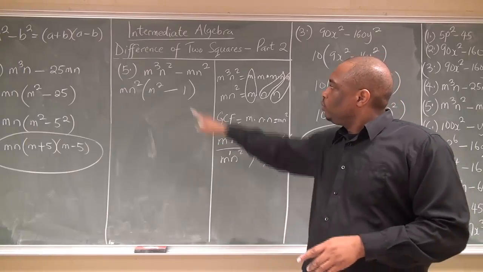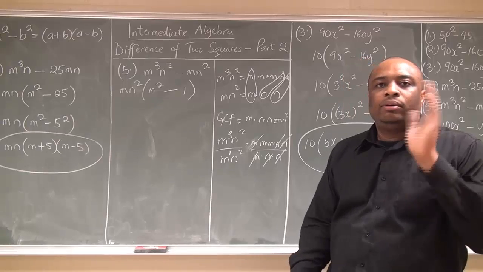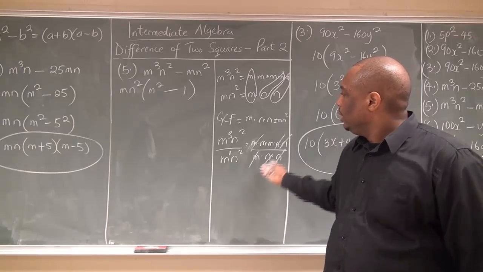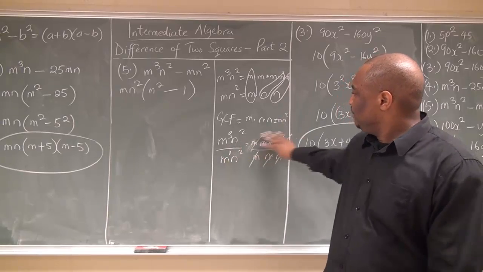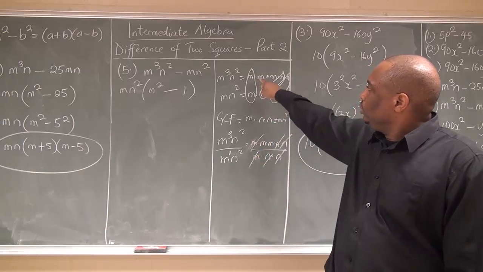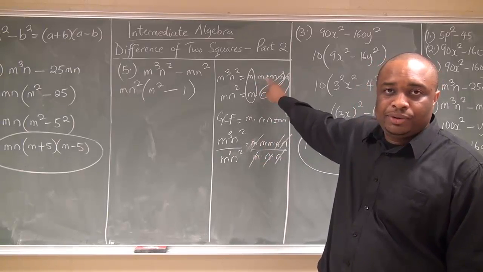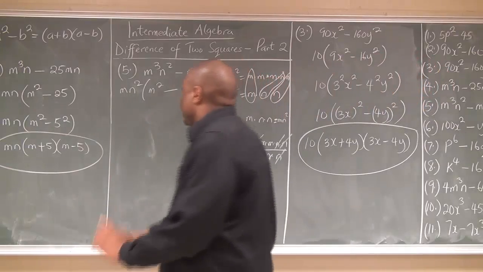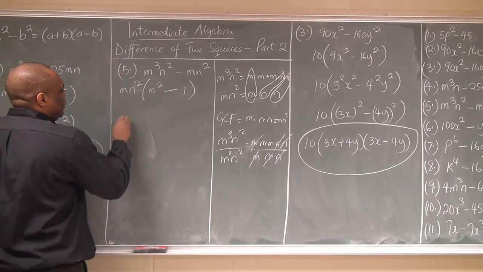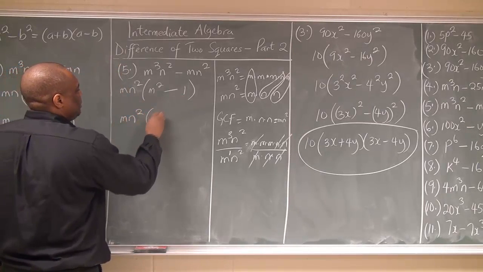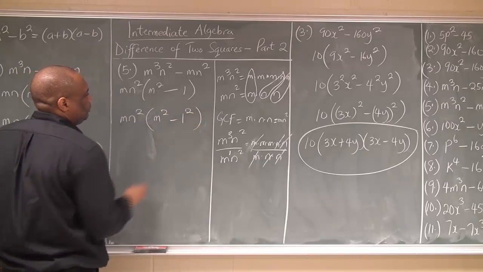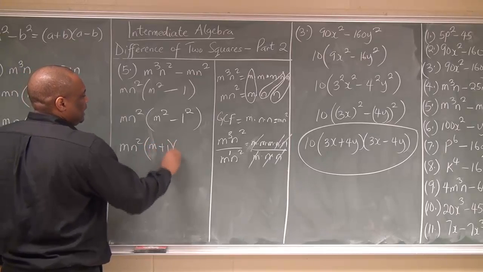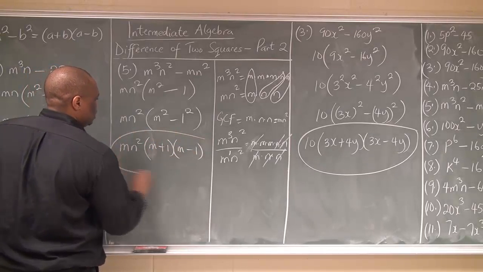So you have only m squared here. Okay? Now, I did videos on exponents. View those videos as well. So you see, you can do this 3 ways. You can simplify it and divide, or you just pick from here whatever is remaining, or you use exponents. So let's complete this. This is mn squared, m squared minus 1 squared, and that will now give you mn squared, m plus 1 times m minus 1. This becomes your answer.